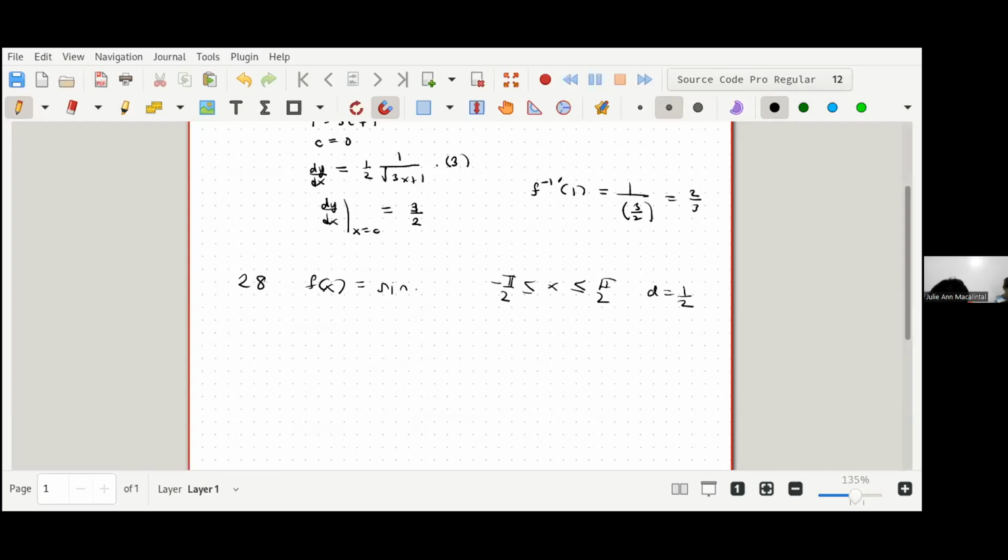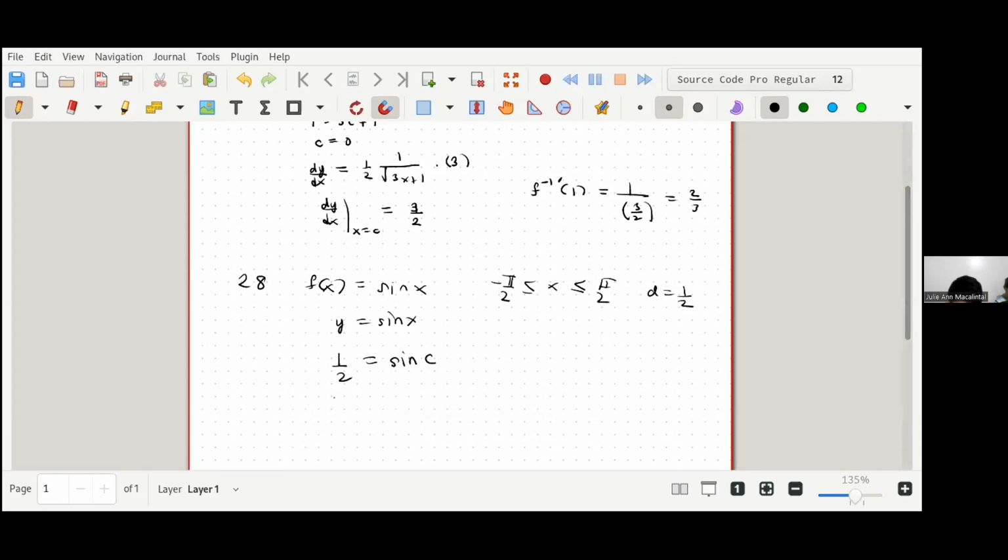Now, if y equals sine of x, the problem here is that we don't know the derivative of sine inverse yet. But if d is 1/2, then sine of c is 1/2.